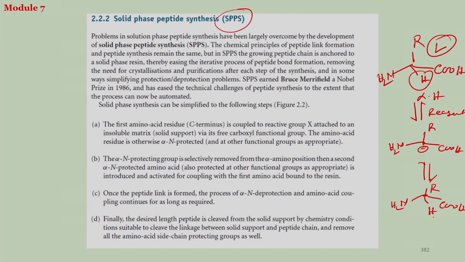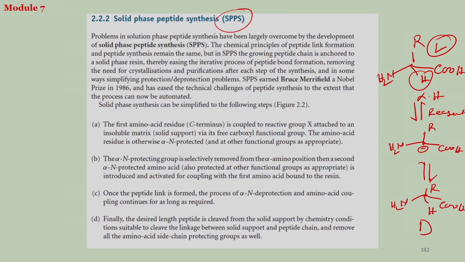So, that will change the stereochemistry of the amino acid sometimes. So, you will have DL mixture, that is called the racemization. So, although you have started with the pure L amino acid, there is always a high chance of getting a DL mixture of peptides that you do not want.